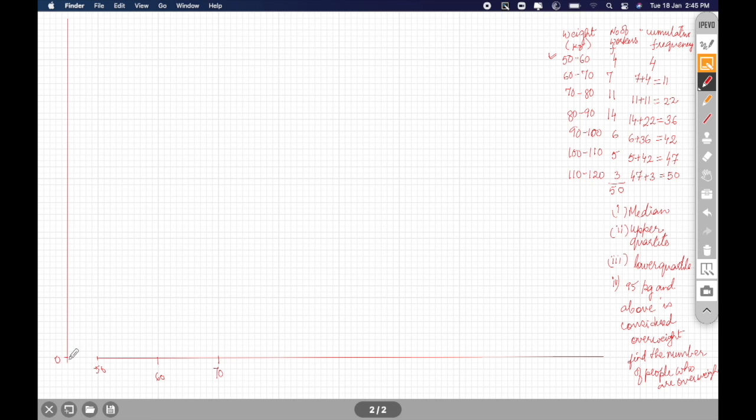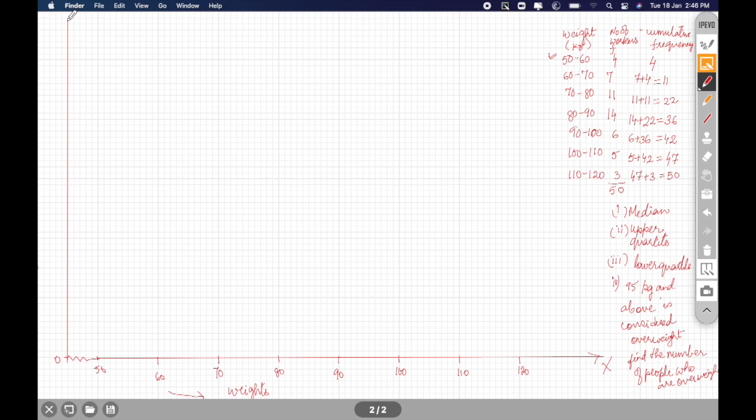So this gap we will give a stretch mark. So now 50, 60, 70, 80, all the upper class limits, 90, 100, 110, and finally 120. So this is the x-axis, and we have plotted here the weights.